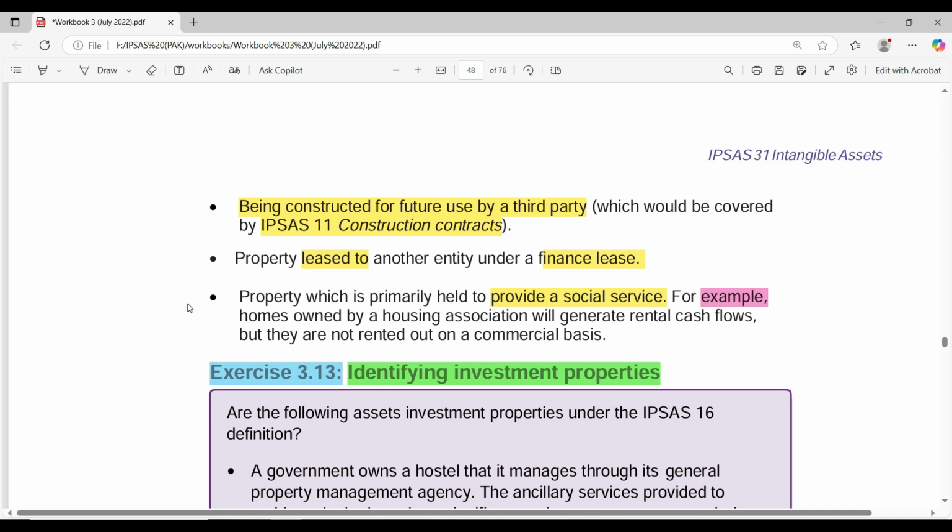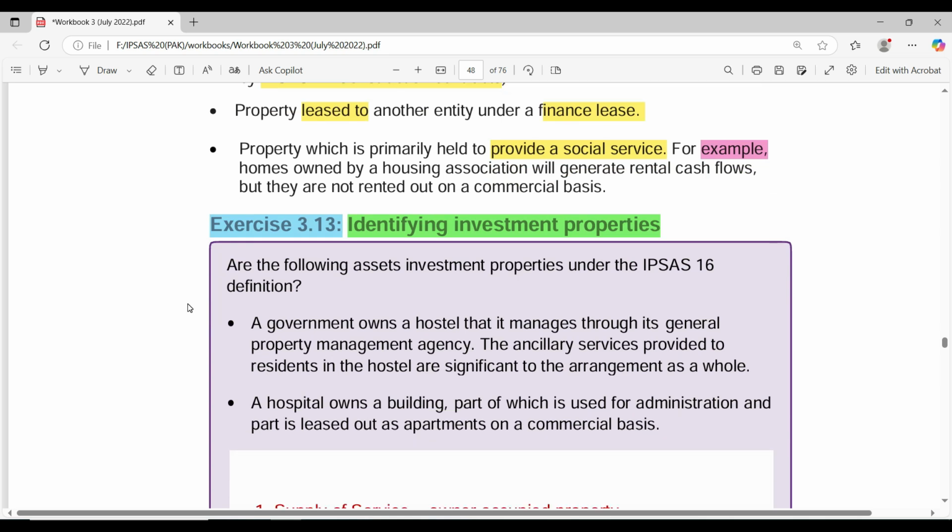Another which is also not an example of investment property is property leased to another entity under a finance lease. Basically, in a finance lease, the ownership is transferred to the other party. So it is not for capital appreciation and also not for earning rent, so it is not an example of investment property. Another example which is not an investment property is property which is primarily held to provide social services. So social services are not a part of investment properties.